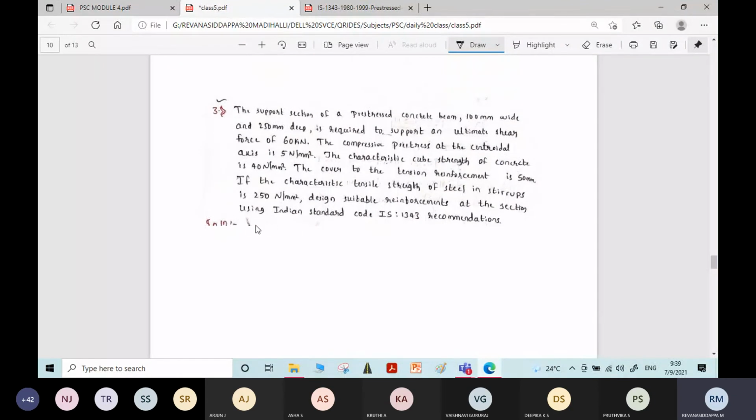V is equal to 100 mm wide, 250 mm deep. Then the cover to the reinforcement is given, that is 50 mm.